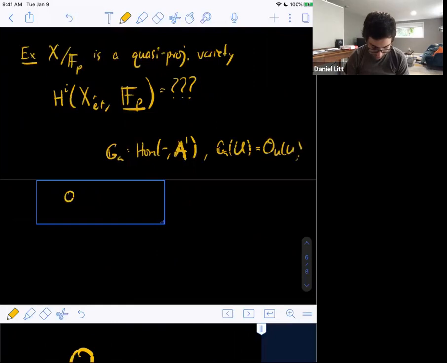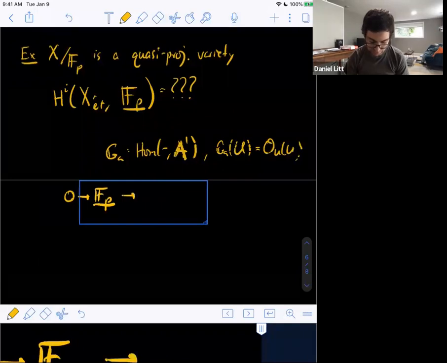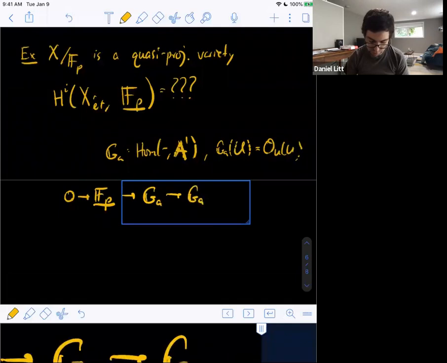So we can write down a short exact sequence of sheaves, or even of schemes, F_p to G_a. Well, let's not worry about right exactness yet. So how do we write down a map whose kernel is the fixed points of Frobenius? Frobenius is like taking p-th powers. So what cuts out the fixed points of Frobenius?